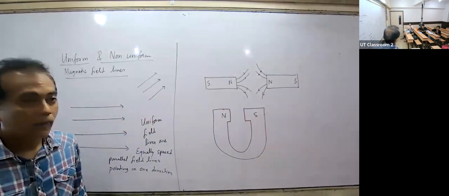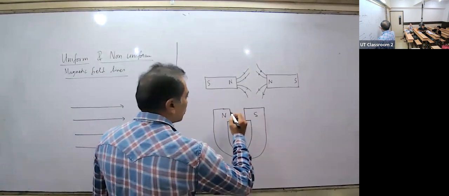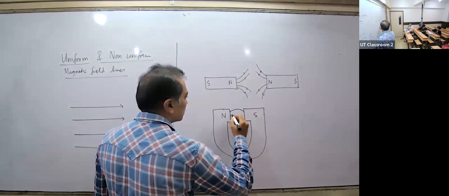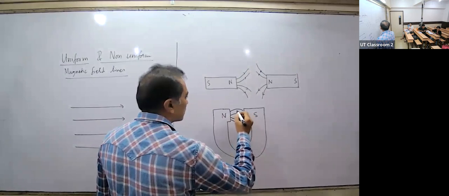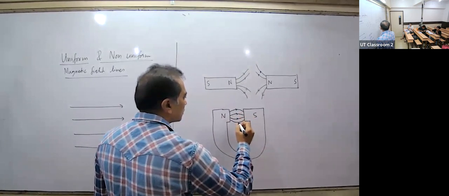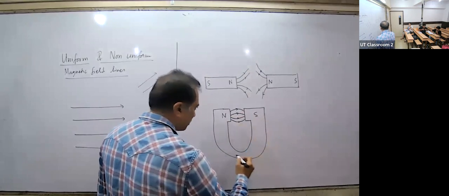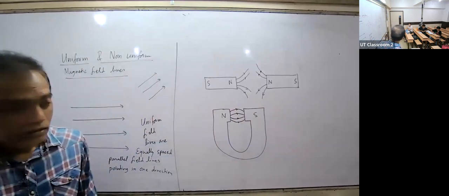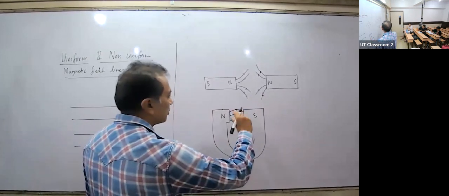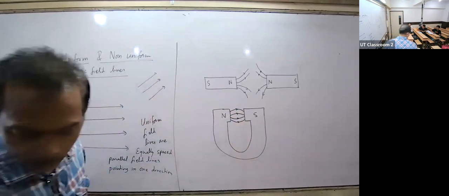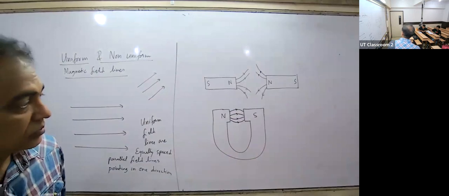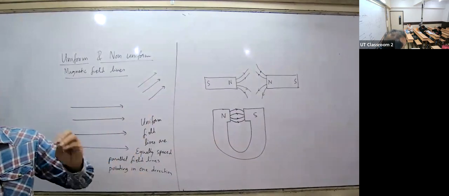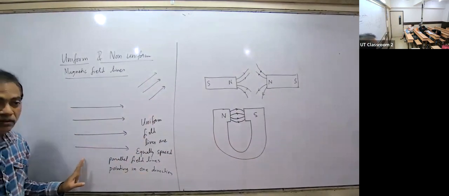The lines will come out of north and enter south, but it will be curved like this. And inside it will complete the loop. So it will complete the loop, but they are not uniform. Can you see it is uniform? No. So wherever the field lines are not parallel, then it is not uniform. As simple as that. Clear?